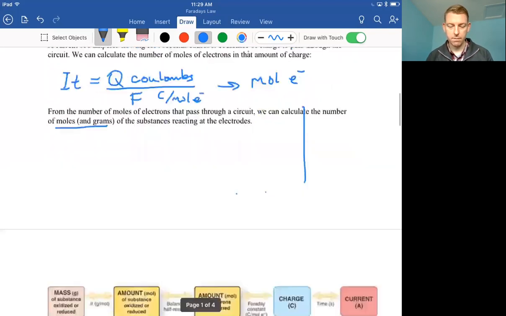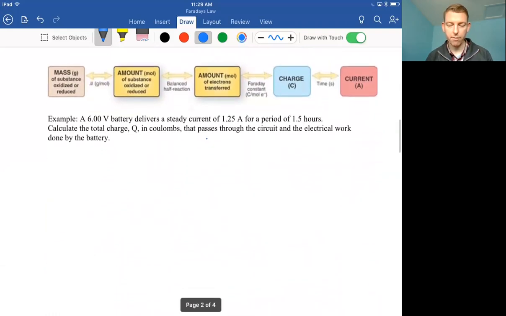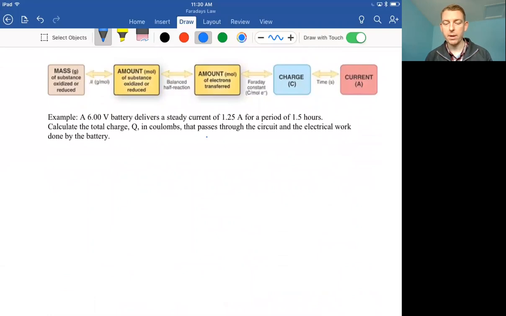Okay, scrolling, here we go. So this relationship lets us go from something that we can measure with a multimeter, so amperage. If we multiply that by the time that current was flowing, it gives us an amount of charge in coulombs.